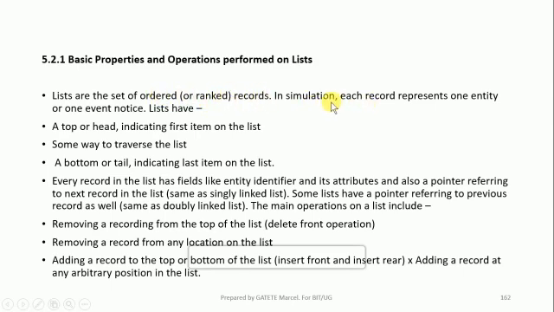In a simulation, each record will represent one entity. If you have 100 customers, you have a list of 100 customers. Each record is the information about one entity, one customer.